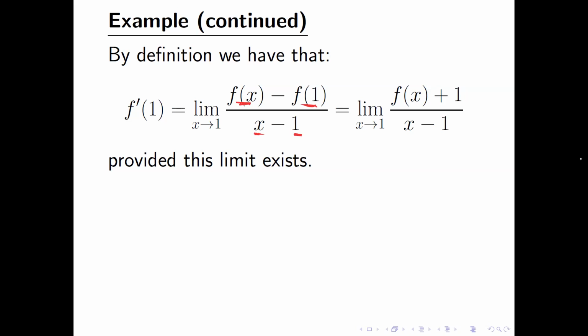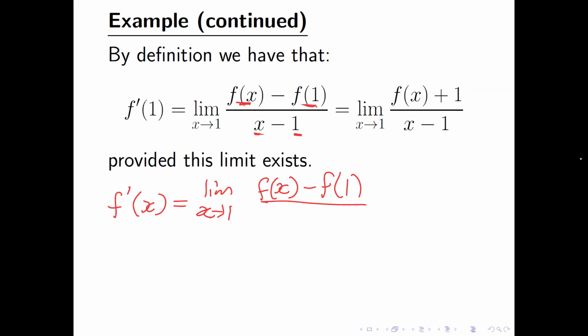So it means that we have f prime of x equal to the limit, let's say when x approaches 1, because we want to check, of f of x minus f of 1 over x minus 1. So here we want to check if it's differentiable.